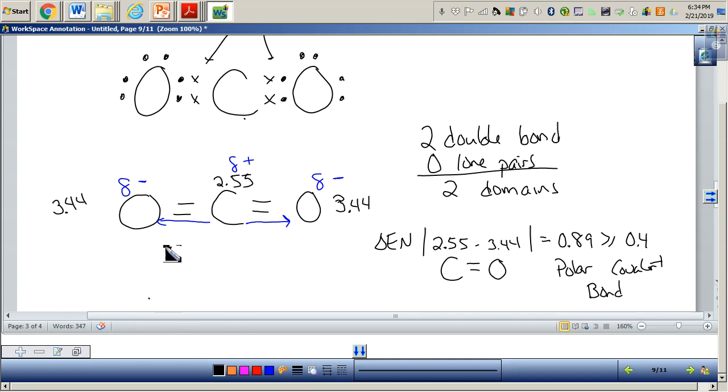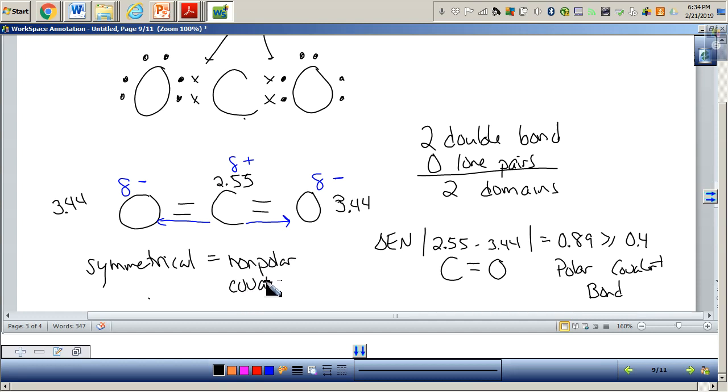So then, do I have a molecule that has higher numbers on one side than the other? No. The outside of the CO2, these are both negative. I don't have one side with higher numbers than the other. And so because this is a symmetrical molecule, it's going to be nonpolar.